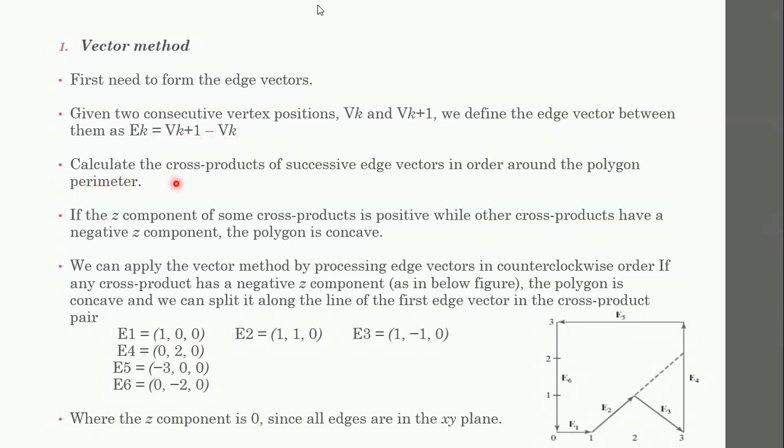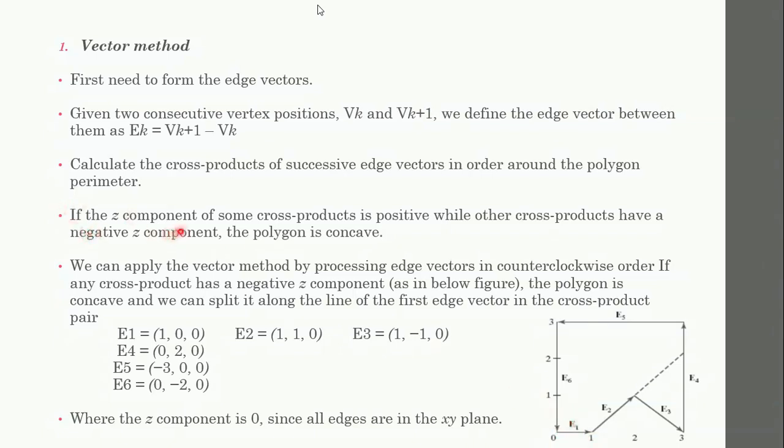So calculate the cross products of successive edge vectors in order around the polygon perimeter. You have to find all the cross products of successive edges. That means E1 cross E2, E2 cross E3, and like this you go on calculating the cross product of the successive edges, for all the edges.